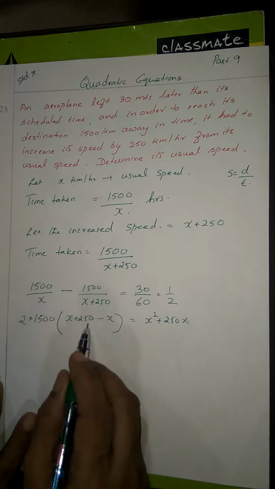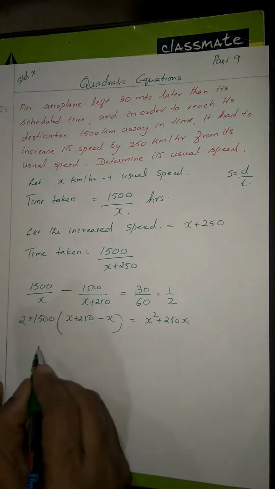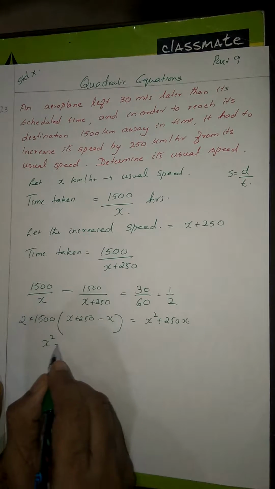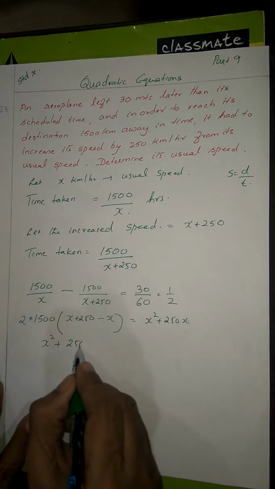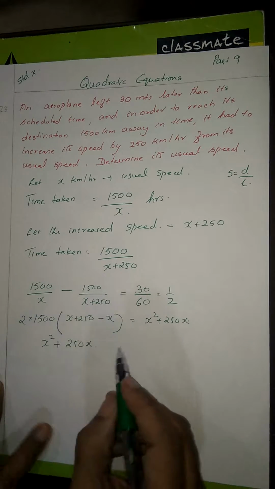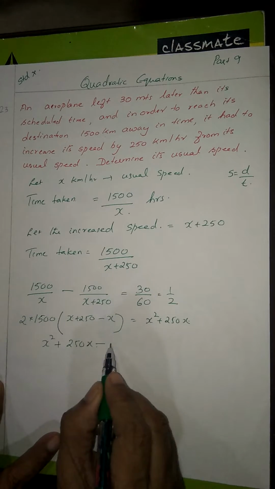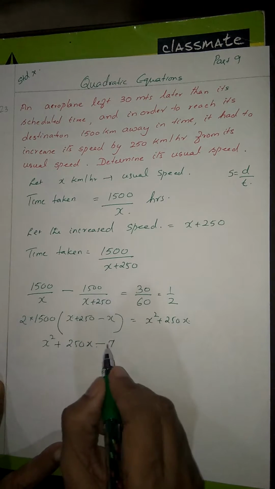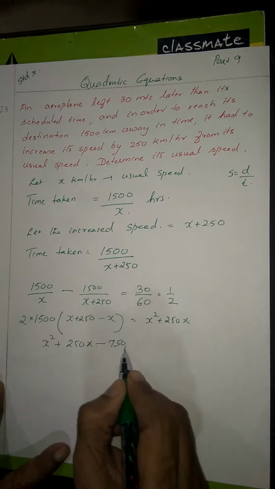So x and x get cancelled. So you get finally x squared plus 250x, 250 into 3000 will become 750,000.